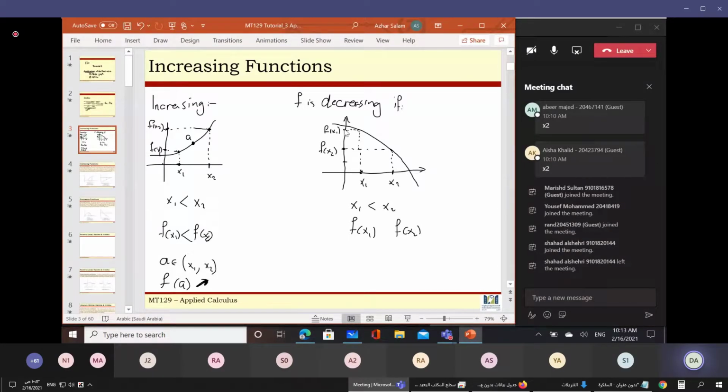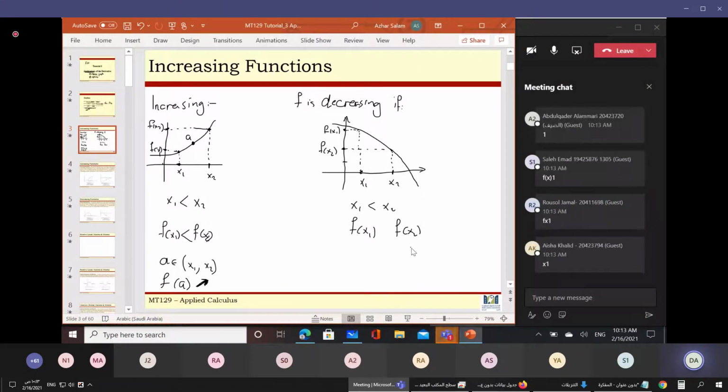Notice here, that's the value I'm talking about. Yes, f of x1. It's on the top, so it's the greater. So I write it like that: x1 less than x2 implies that f of x1 is greater than f of x2. This is the definition of the decreasing function.